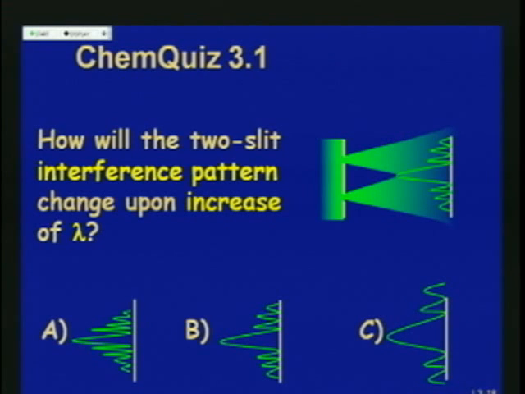So how would that interference pattern look? Would it look like A, like B, or would it look like C? I compare a longer wavelength than this one, and what picture would I get? Would I get this, this, or that?